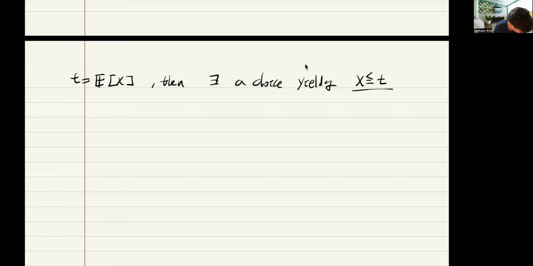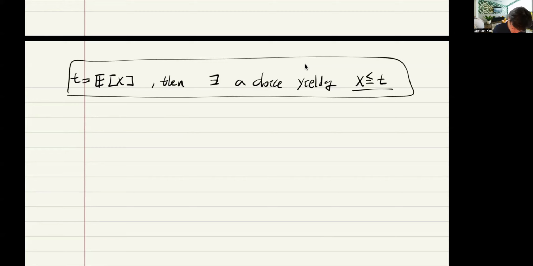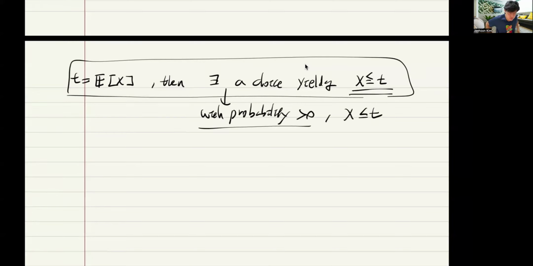Okay, that's good. But sometimes this might not be enough. So this means that there exists a positive probability that X is at most t.